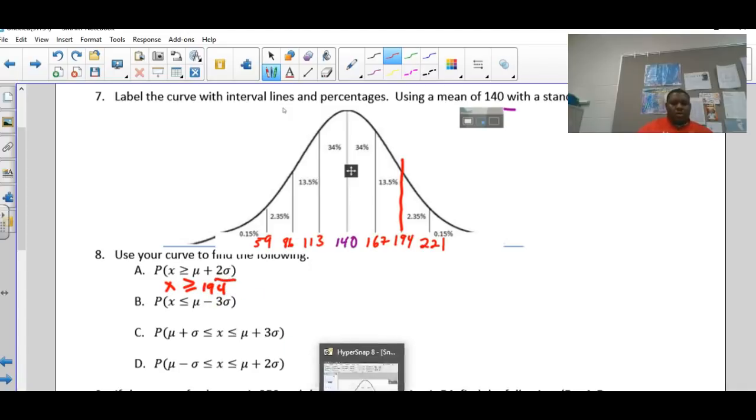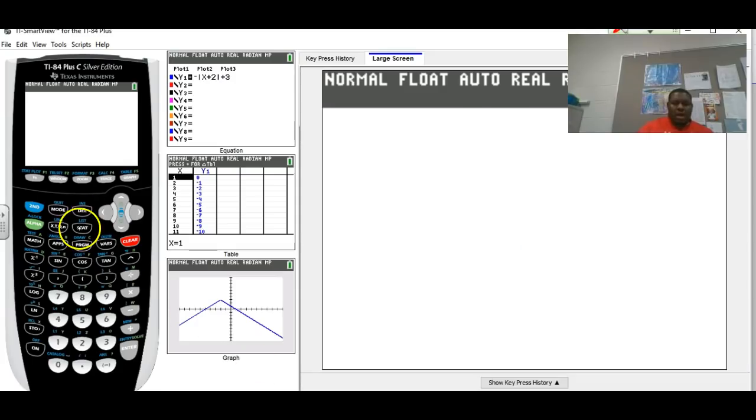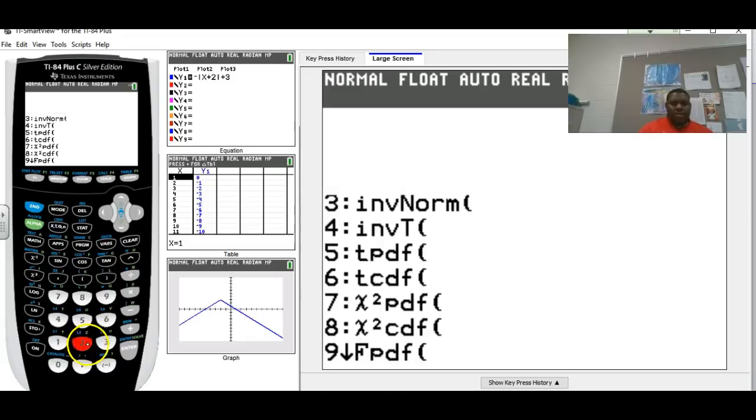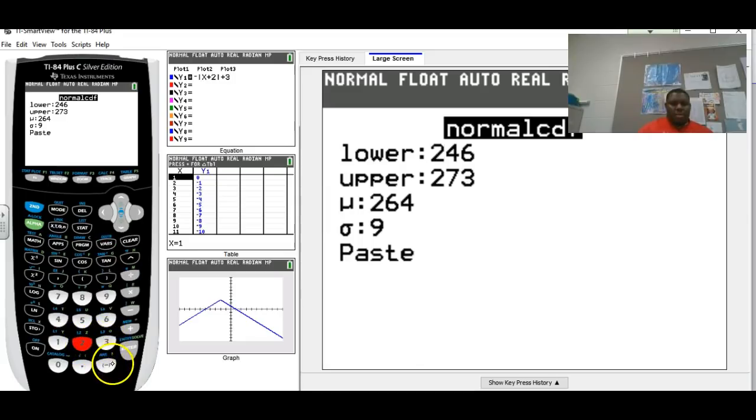If I go to the calculator and go second, VARS, normal CDF, then my minimum is 194. For my max, pick a number that's significantly higher, like 1,000 or 10,000, that's fine.